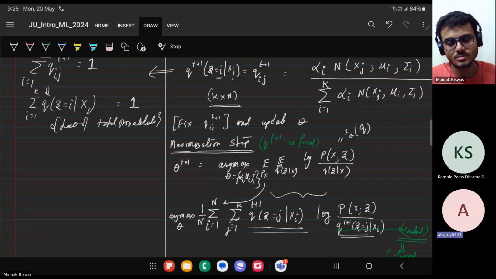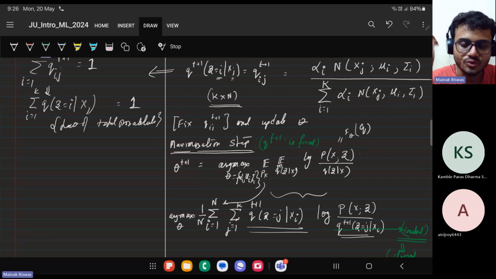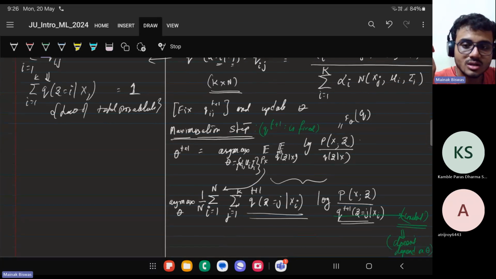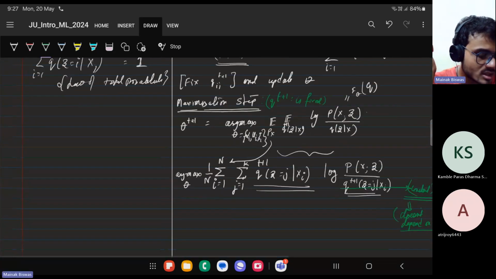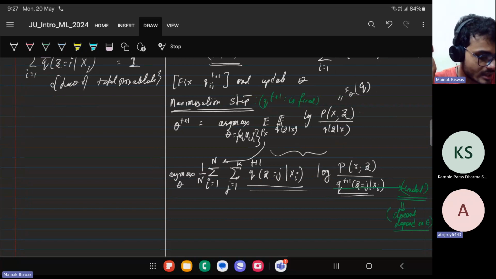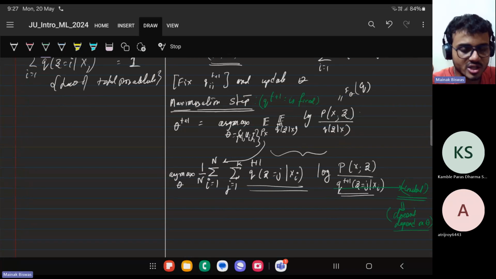If anything is fixed, what are you trying to optimize this equation for? Theta, right? So does Q t plus 1 depend on theta in the maximization step? It's a constant, it's already given to you. You're not going to change Q in the maximization step. You're only going to change theta.